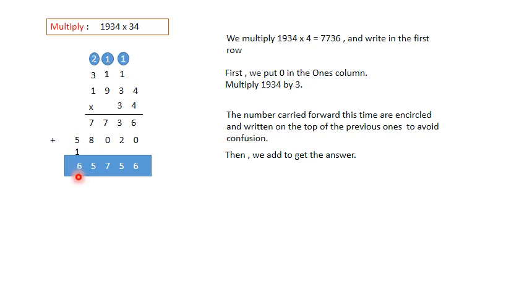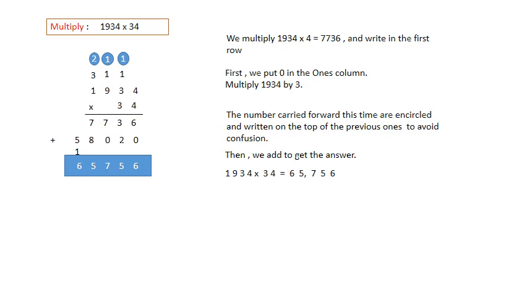And 5 plus 1 becomes 6. So your answer is, when we multiplied 1934 by 34, we get 65,756. Students, you have understood this. This 2-digit multiplication also we have done in the previous class. Next one.